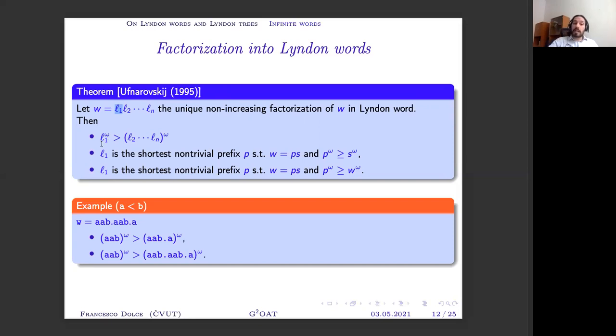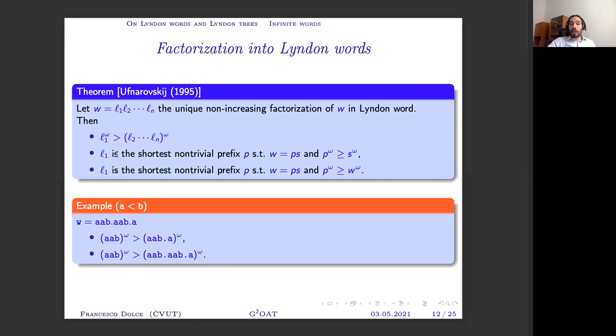Well, either as the element such that is strictly bigger than the rest of the other elements, so the concatenation of all the other factors, that means the suffix when I consider the factorization.